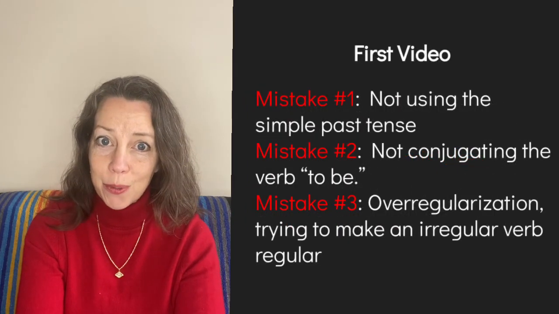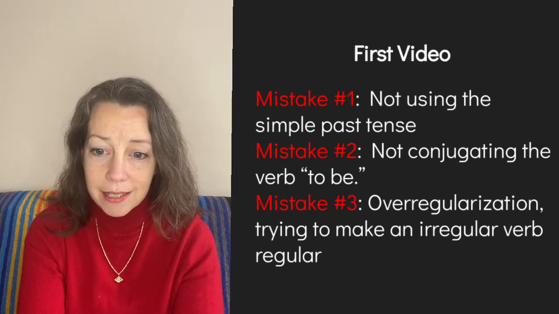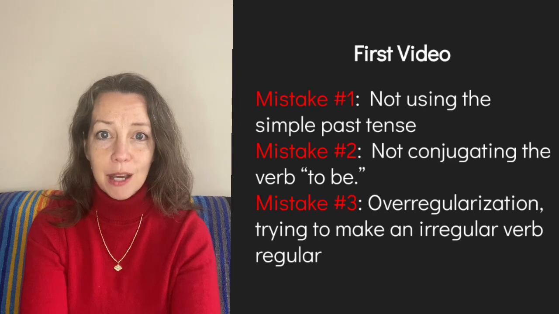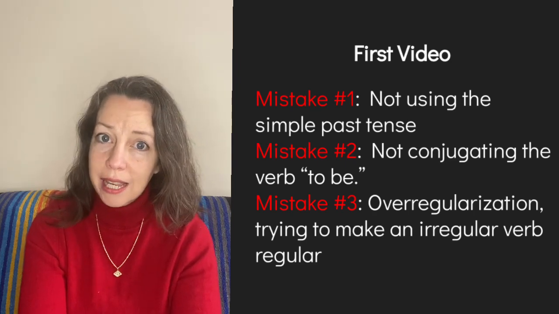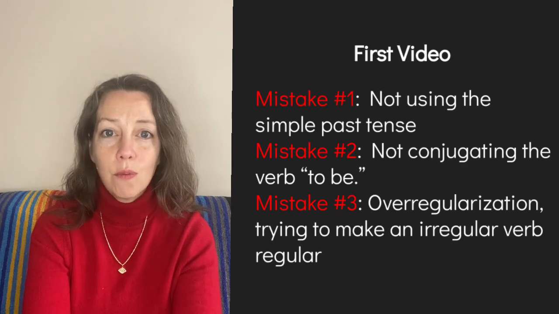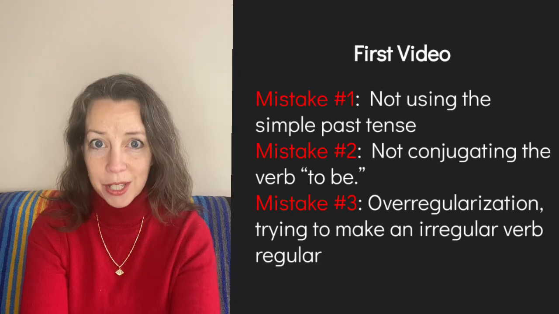Just a quick review. In my first video, I identified mistake number 1, not using the simple past tense. Mistake number 2, not conjugating the verb to be. And mistake number 3, over-regularization, trying to make an irregular verb regular.